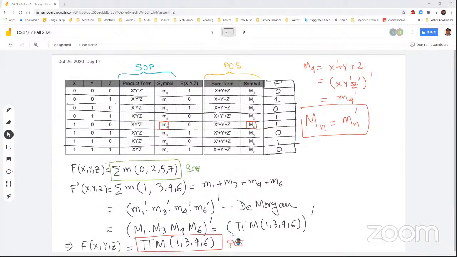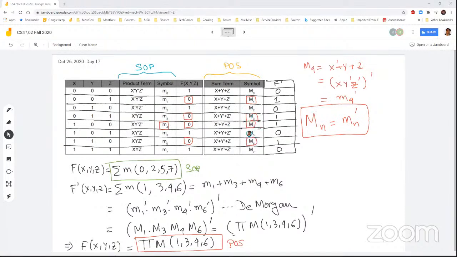It is just a matter of picking up corresponding sum terms or product terms from the truth table according to this rule: if we are writing POS, pick up the rows with zeros, and pick up the corresponding max terms. So I will pick up max term 1, max term 3, max term 4, and max term 6.